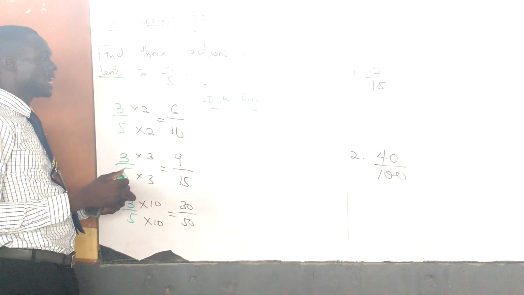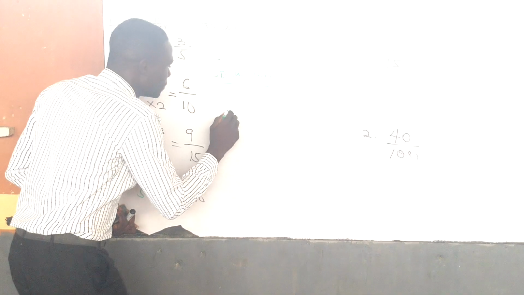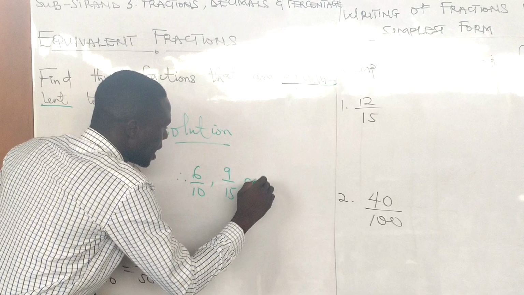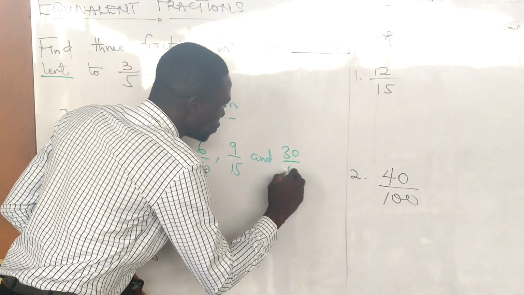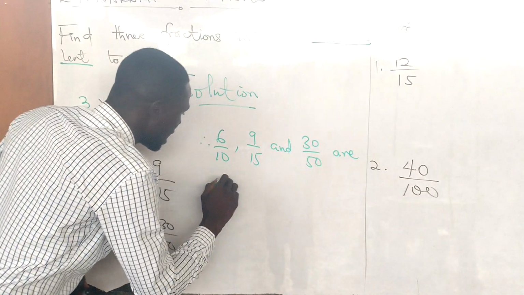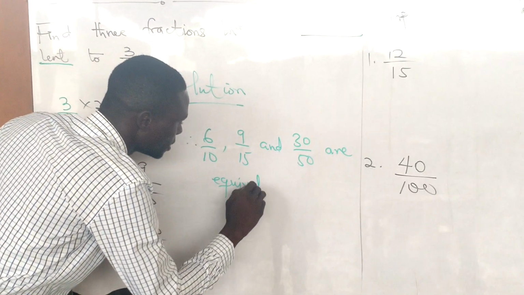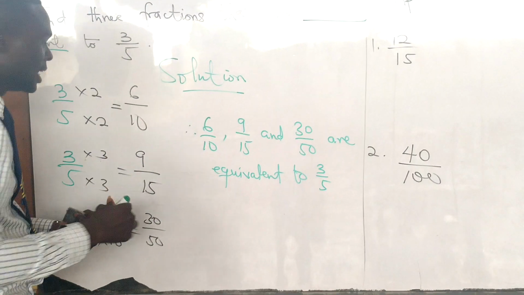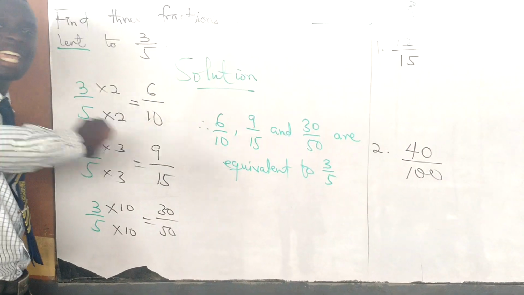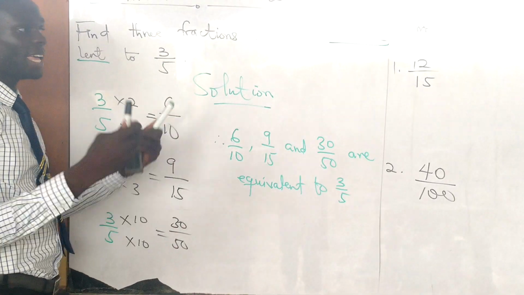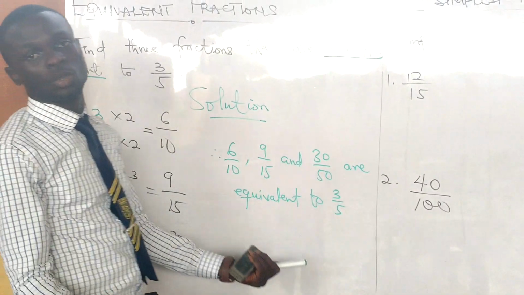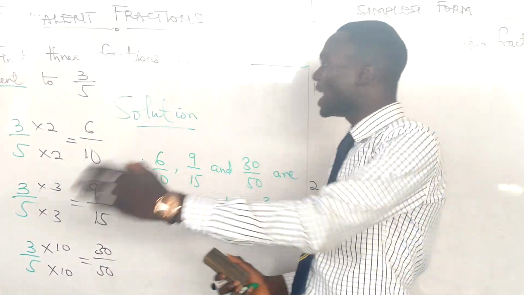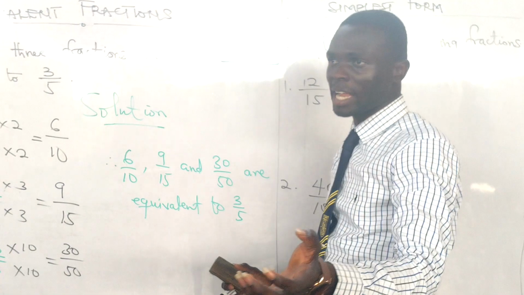So I'll state my answer and say, therefore, 6 over 10, 9 over 15, and 30 over 50 are equivalent to 3 over 5, which means these 3 fractions are equal to 3 over 5, because when we say equivalent, it means equal to. So this is how we calculate fractions that are equivalent.